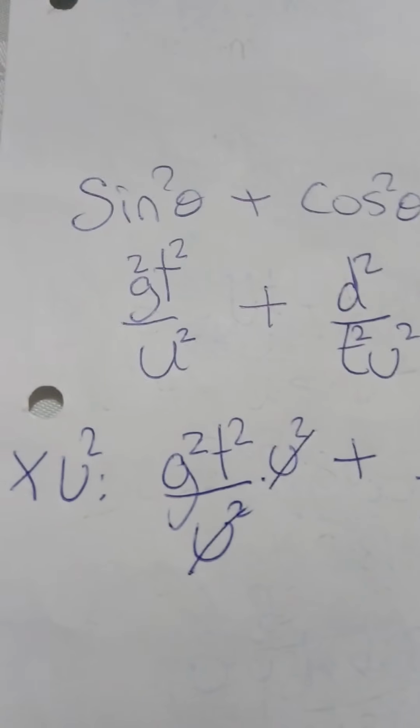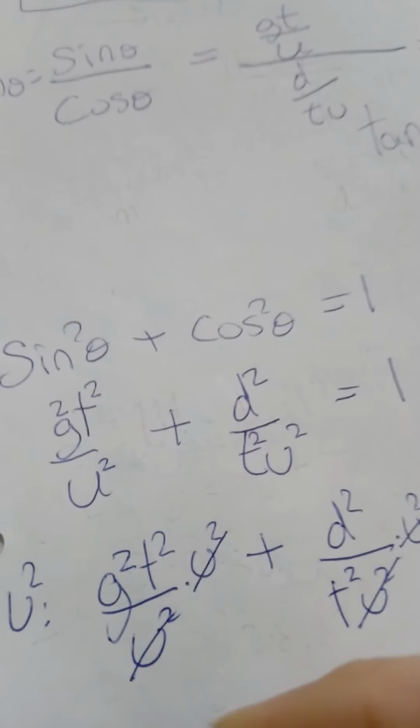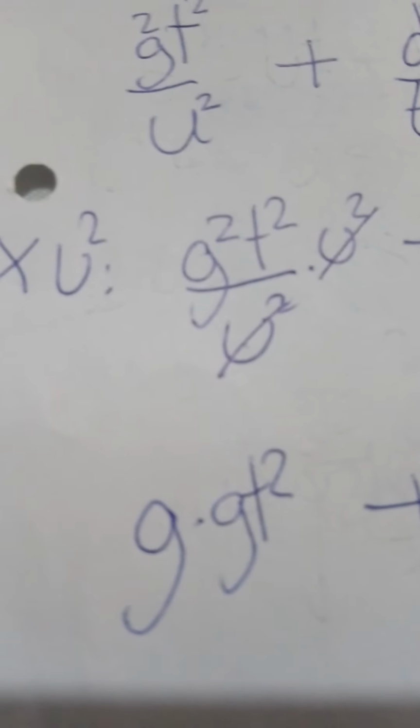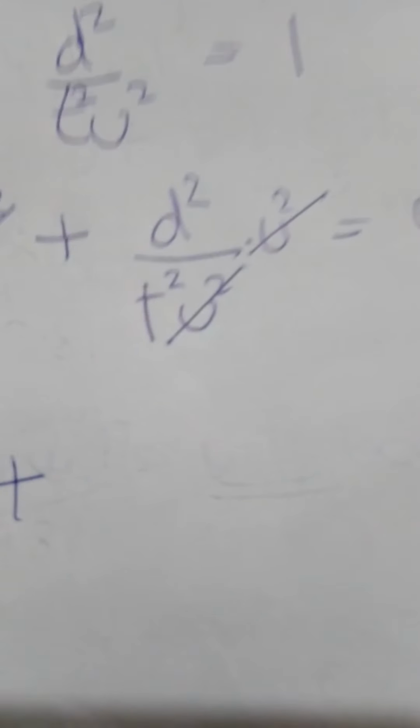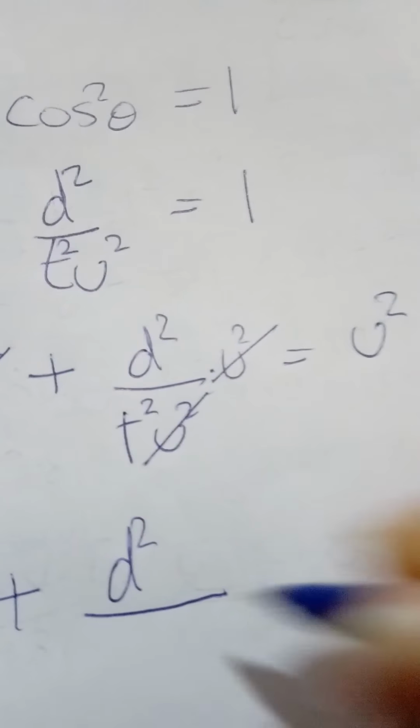And over here, I can arrange it a bit to get gt squared. I can say that g times gt squared, nothing else, plus d squared over t squared equals u squared.